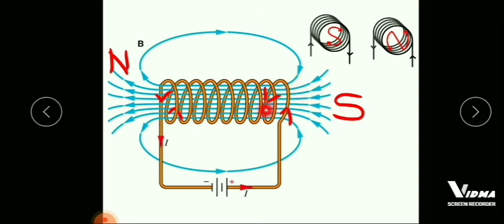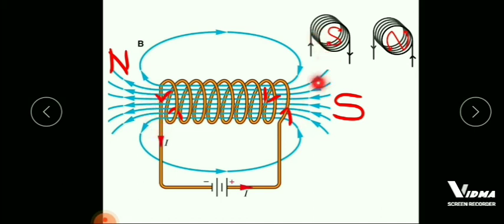So this face of the solenoid acts as a south pole, and here the current is moving in the anti-clockwise direction, so that face acts as the north pole. So both ends of this solenoid act as the north and south pole.